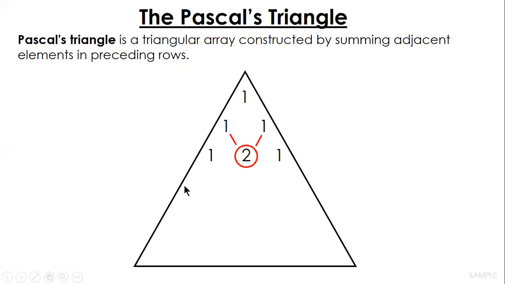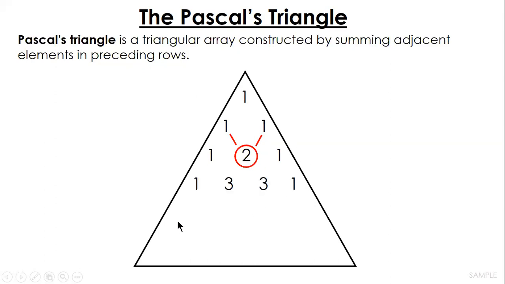So, for the next row, you probably already have your guess. Of course, the numbers at the extreme left and extreme right will always be 1. For this one, that's 1, then 1 plus 2, then 2 plus 1, then 1.